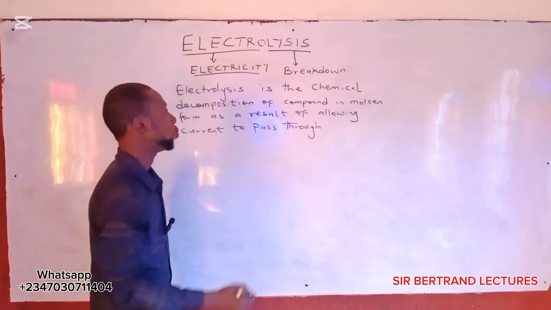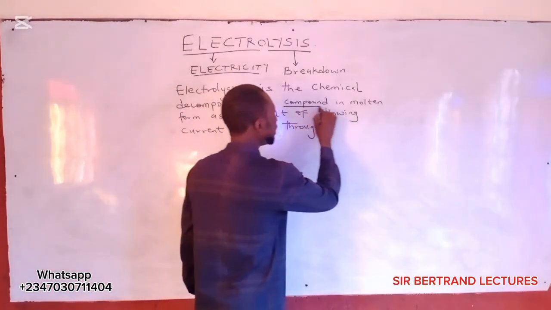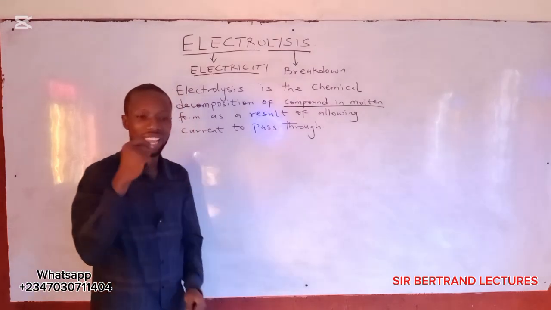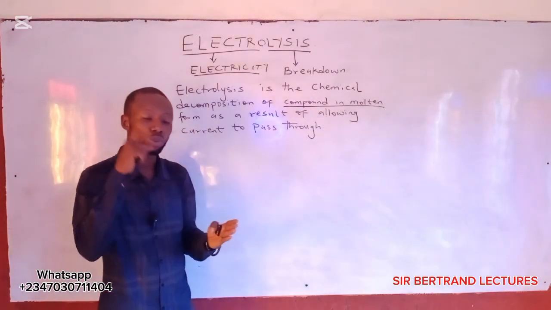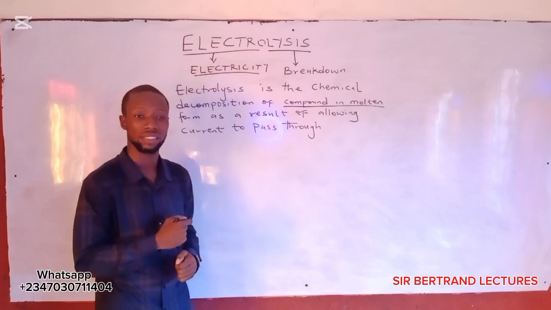Now when a compound is in molten form and electricity passes through it, that means that compound conducts electricity.